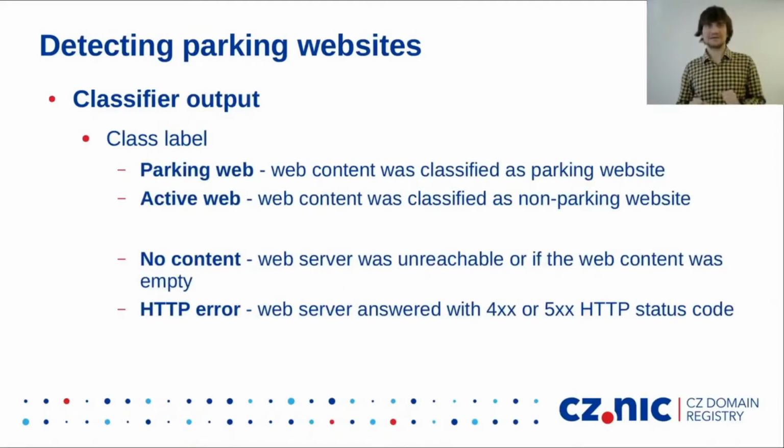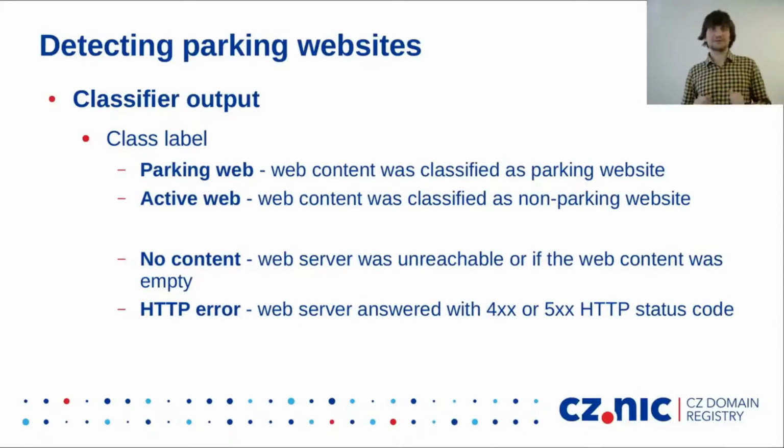And our classifier was able to label each .cz domain name with one of 4 labels. There were 2 main classes indicating whether a domain hosts a non-parking website or a parking website.